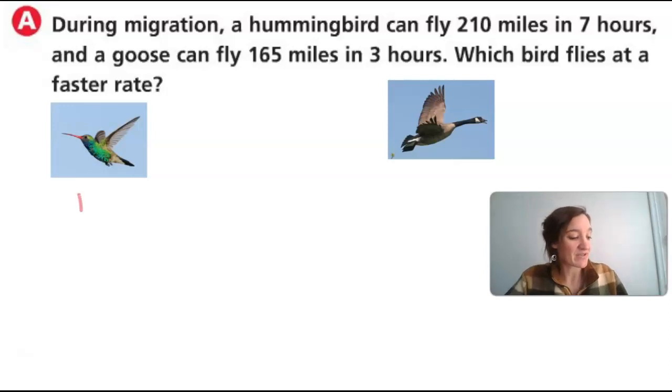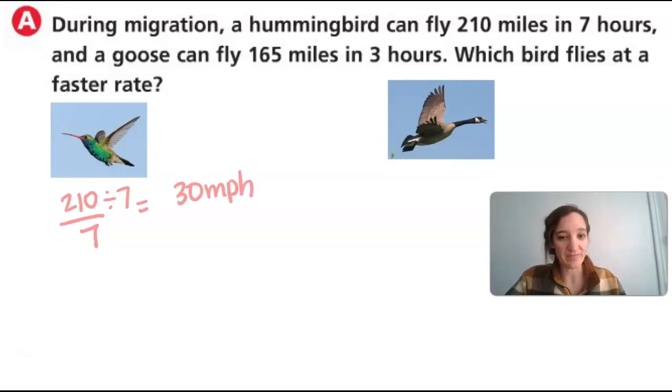You're going to take the hummingbird, which is 210 miles in 7 hours, and you are going to see that that is 30 miles per hour.